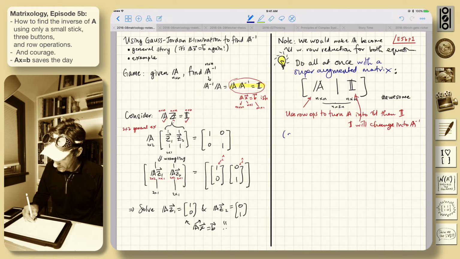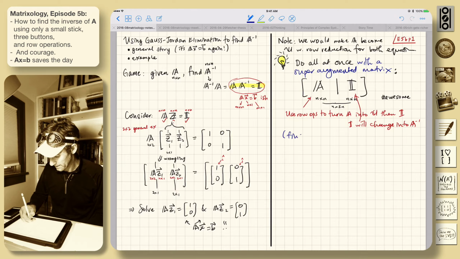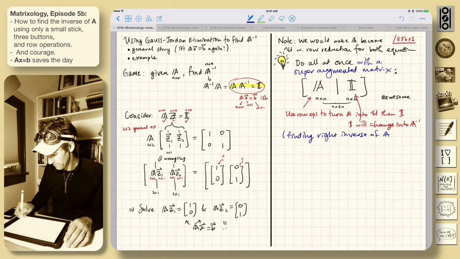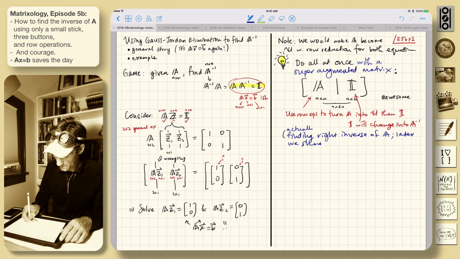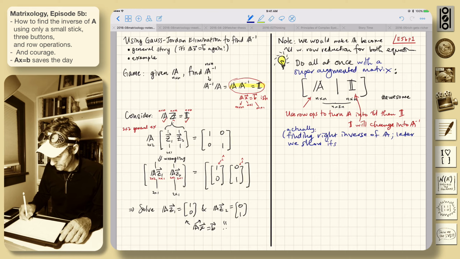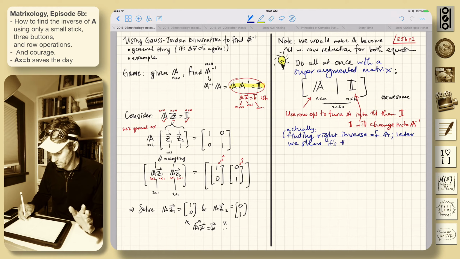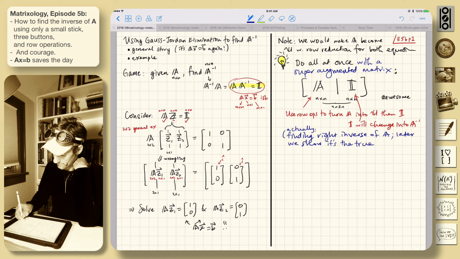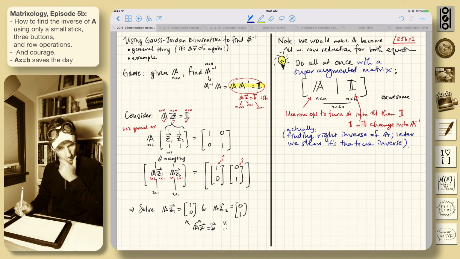We're finding the right inverse, where we multiply on the right by the inverse of A, and soon we show it's the true inverse if the pivots are all there. Okay, that's a good thing to remember and understand.